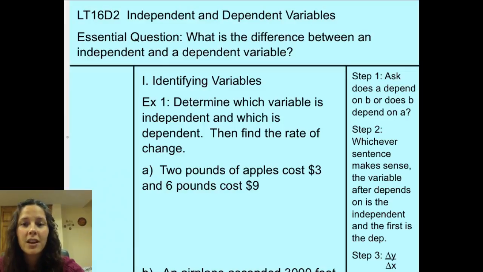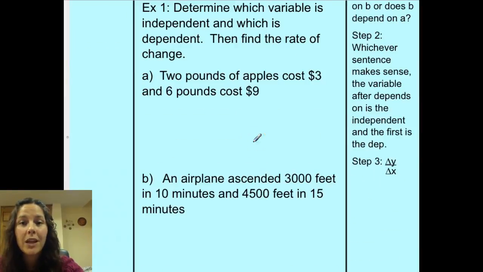First thing we're going to learn how to do is identify the difference between the independent and the dependent variable. So the question you want to ask yourself is, does A depend on B or does B depend on A? And whichever sentence makes sense, then you've figured out your dependent variable. So in our first example, we have pounds of apples costing money.